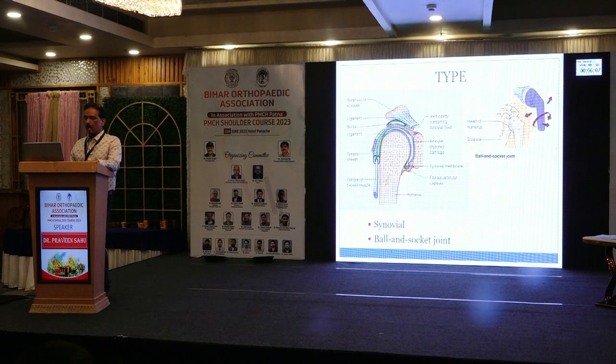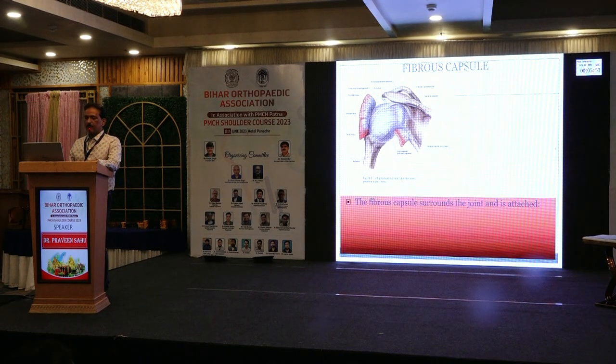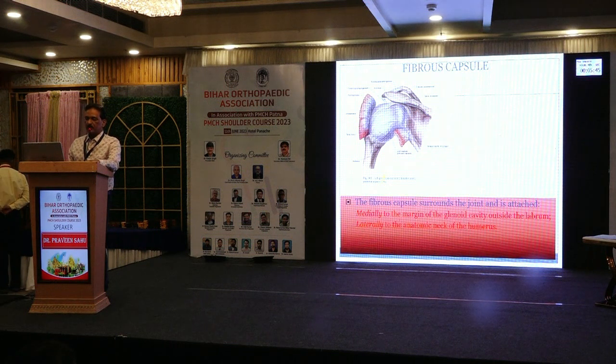It is a ball and socket type of synovial joint, and the fibrous capsule protects this joint. The fibrous capsule surrounds the joint and is attached medially to the margin of the glenoid cavity outside the labrum, and laterally to the anatomical neck of the humerus.